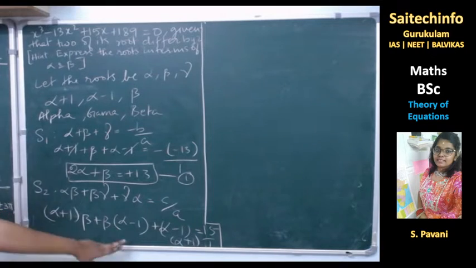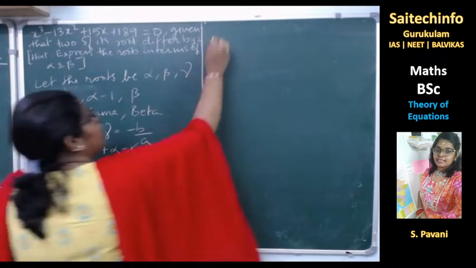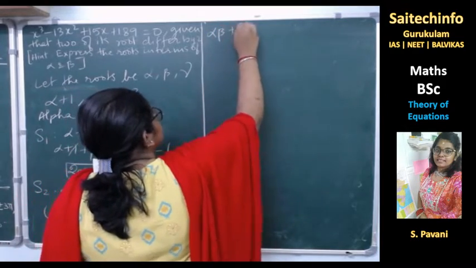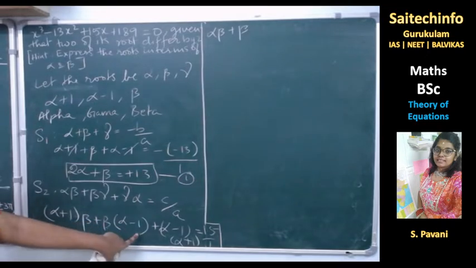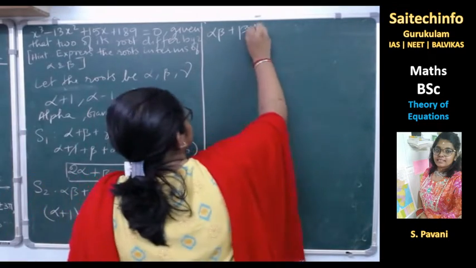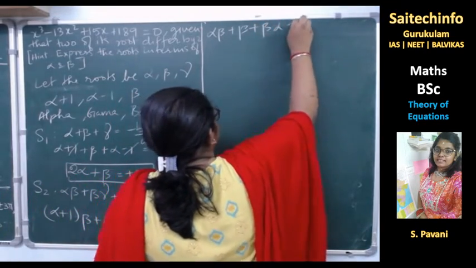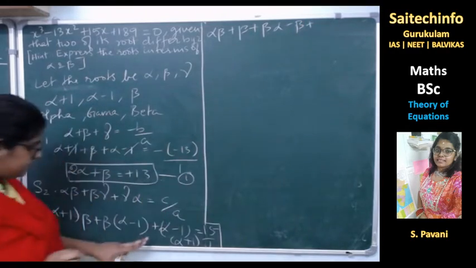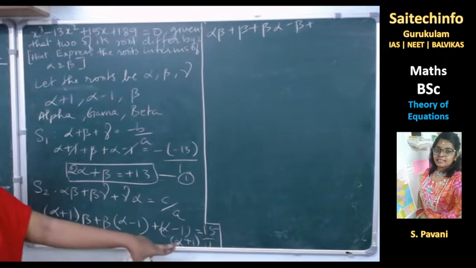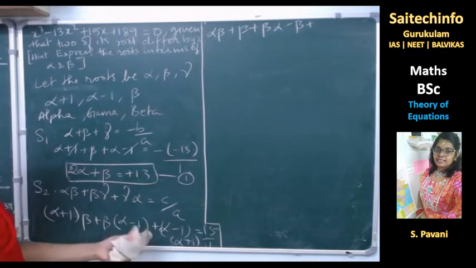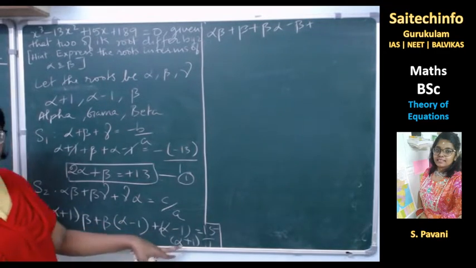So let's simplify this equation. Alpha plus 1 into beta is alpha beta plus beta. Next term is beta into alpha minus 1, so plus beta into alpha minus beta. And the third term is alpha minus 1 into alpha plus 1. So this is the a minus b into a plus b formula, so we will get a square minus b square.